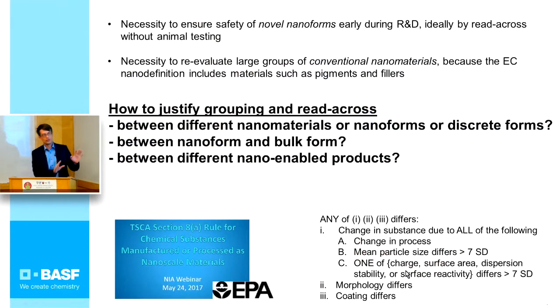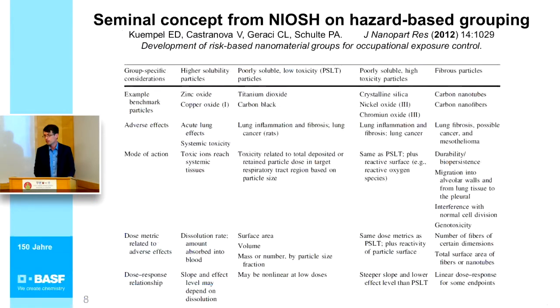So based on these descriptors, we now have divided the landscape of nanomaterials into categories, which we call nanoform or discrete forms. Now we have to compare these. And I think a leading concept that really has paved the way was published 2012 from 4 NIOSH authors.